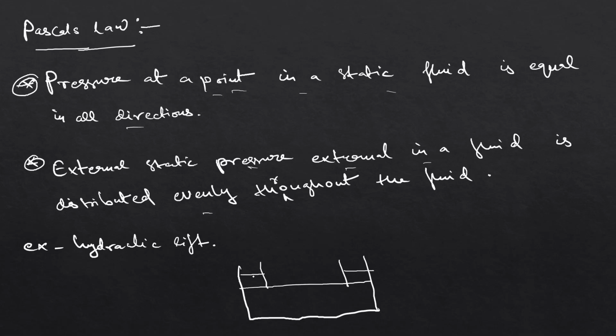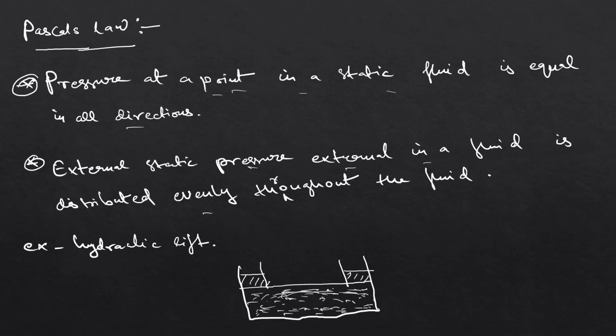This one is filled and this one also is filled. Water is filled in this. By filling here, the water will come inside and fill both sides, which means the fluid is distributed equally in all the directions.